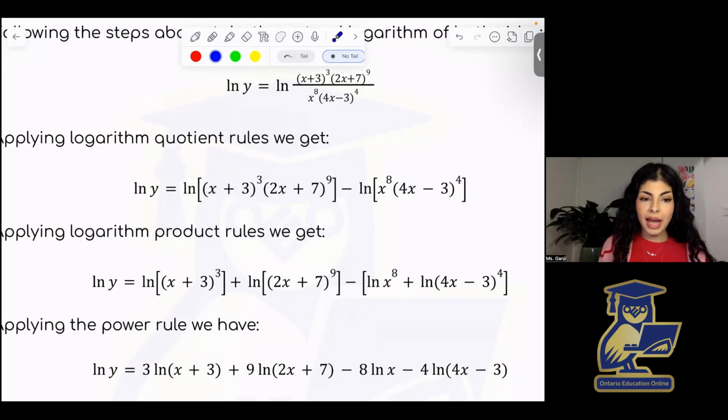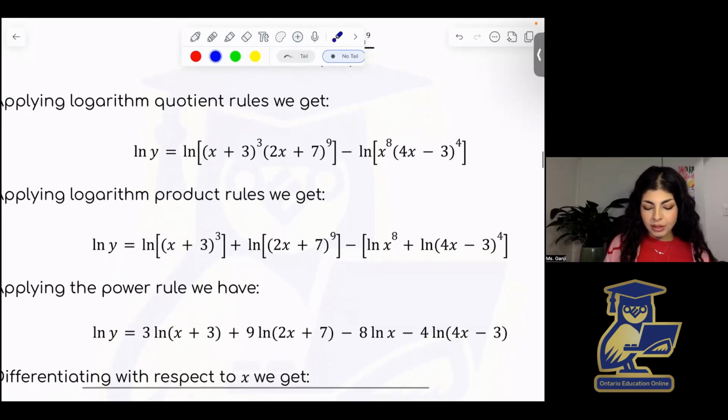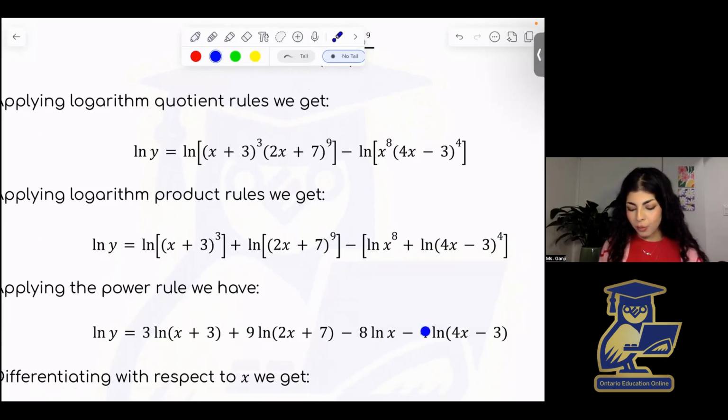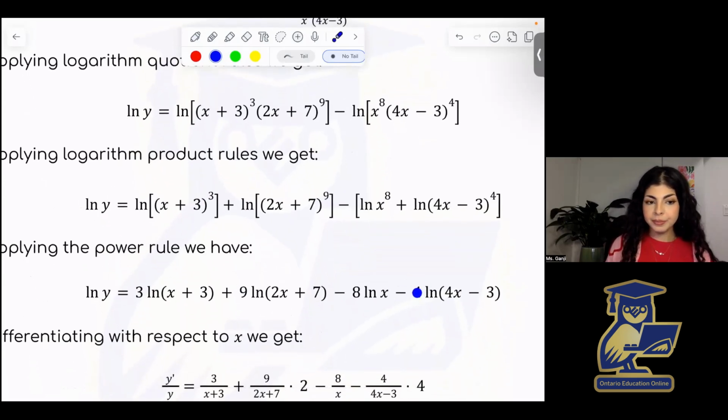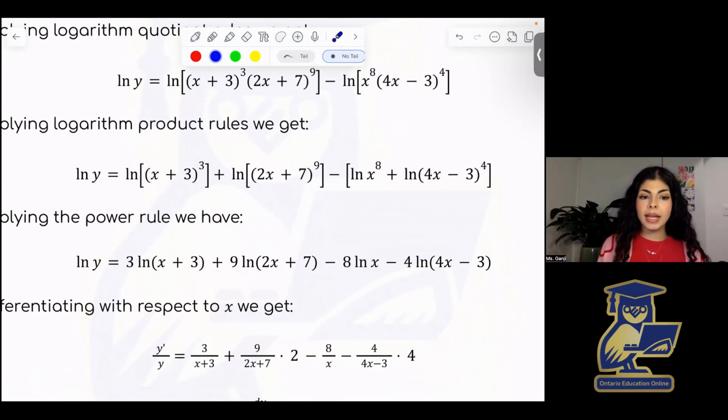And finally, we also have the power rule, which tells us that if you have these exponents here, then they can just become your coefficients. So this 3 is my coefficient, the 9, the 8, and the 4. And here I've also distributed that subtraction, so we have -8 and -4 here. Now I have 4 terms, and I can differentiate with respect to x.